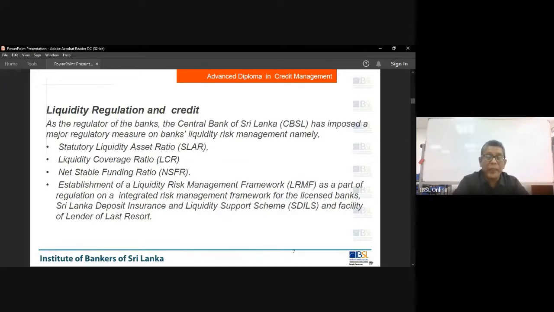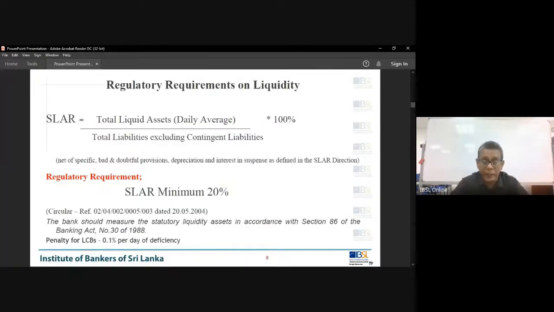Now, if you look at it, the regulatory requirement on liquidity. Now, SLR usually, you know how you calculate the total liquidity assets daily average, total liabilities excluding contingent liabilities, you calculate that statutory liquidity requirement. So 20% you need to maintain.